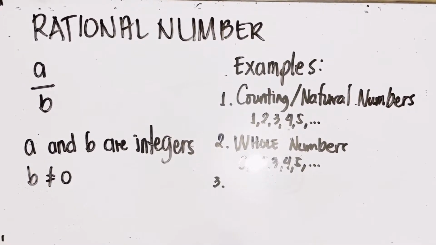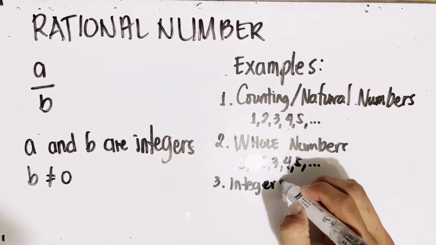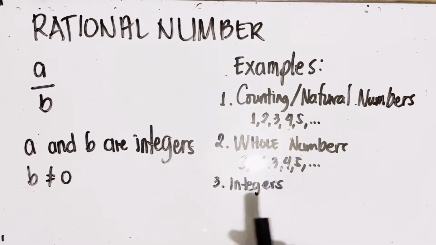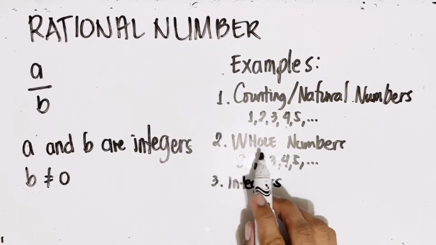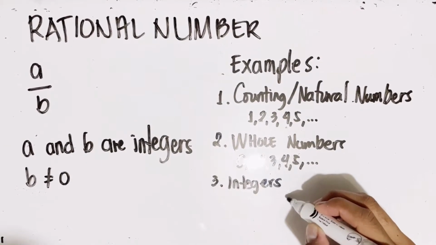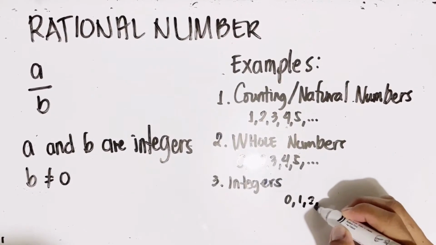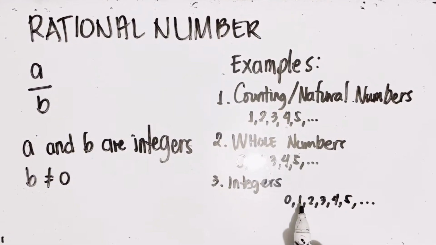Next example is integers. We know integers can be positive or negative. From the whole numbers 0, 1, 2, 3, 4, 5, starting from 1, 2, 3, 4, and so on and so forth, these are called positive integers.